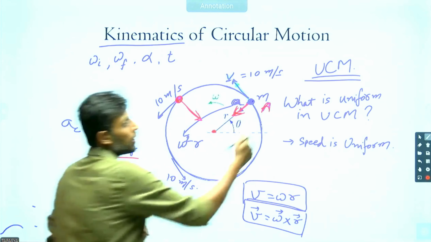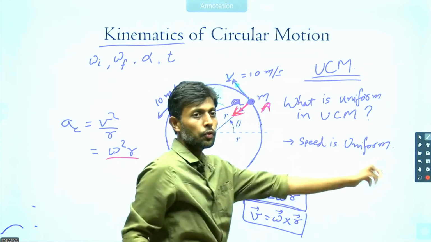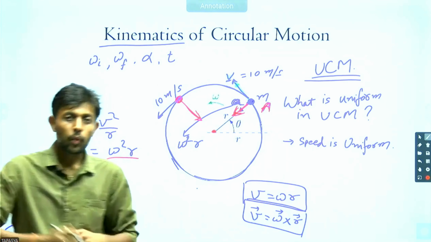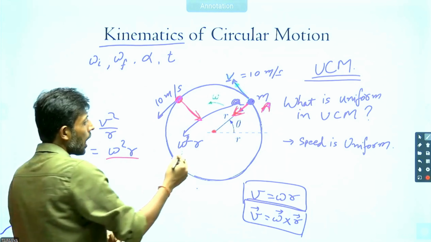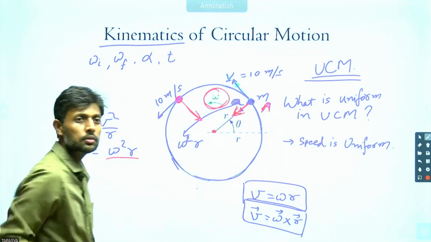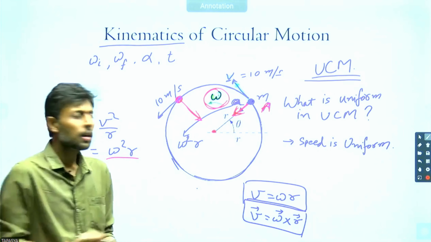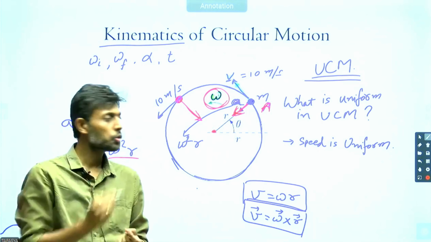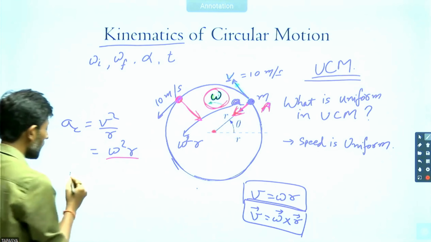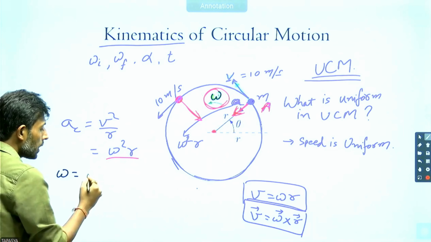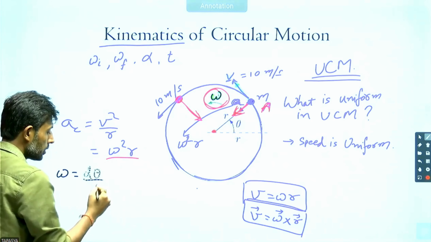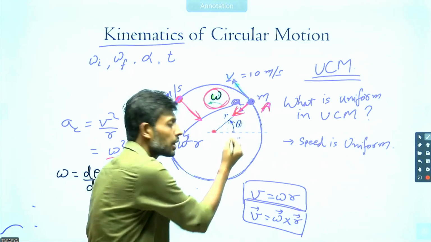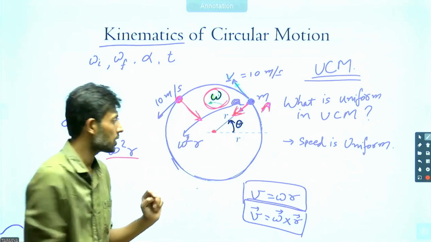Okay. So again, in uniform circular motion, speed is uniform, velocity is not uniform, acceleration is not uniform. What else is uniform? How about this quantity omega? This quantity omega, which is the angular velocity of this circular motion, is given by d theta by dt, or it's the rate at which this angle theta is changing.